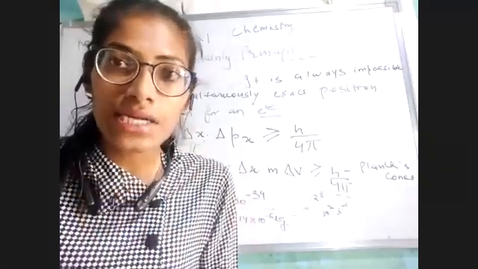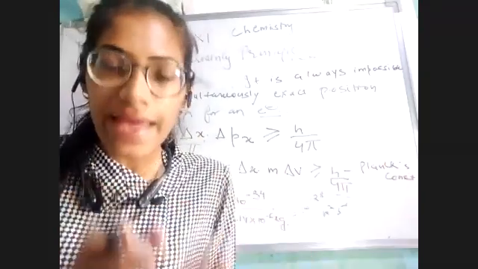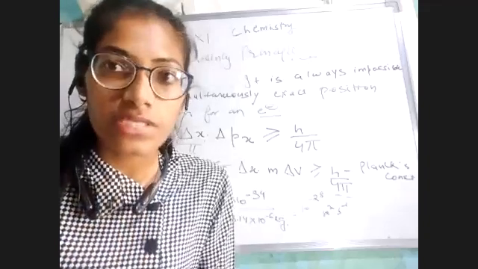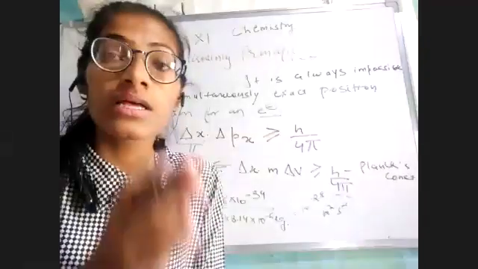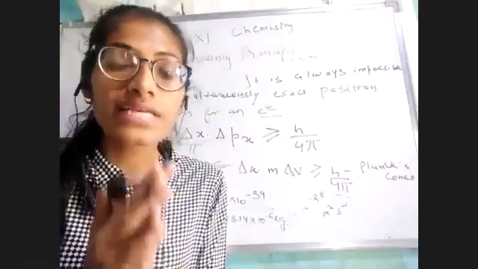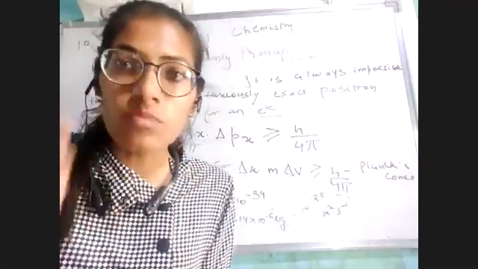Heisenberg's uncertainty principle, when we did some numerical calculations, when we had some physical observation, what we have described, what we have derived, is that Heisenberg uncertainty principle does not give us the exact path, the exact trajectory, or we can say the exact orbit in which our electron is moving.